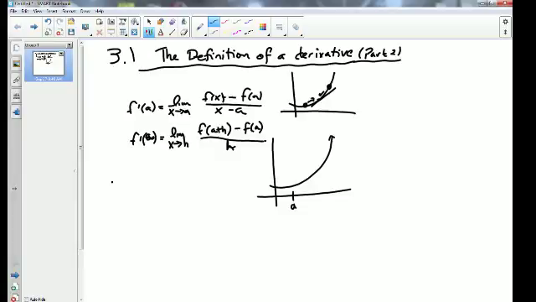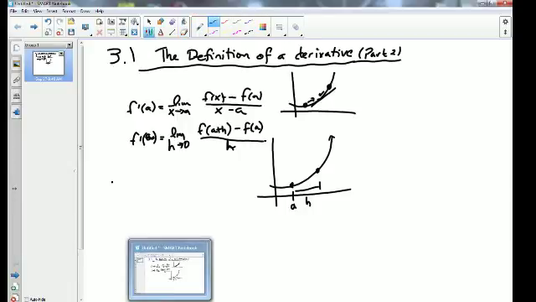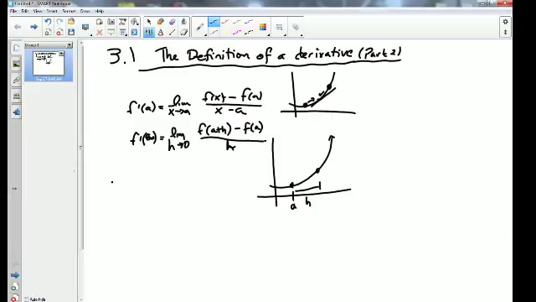If I have a point here and a point here, this would be h. This is the limit as h approaches 0. What happens to these points as h goes to 0? They come together and meet each other. So we're still bringing these points together, which is a different way to do it.